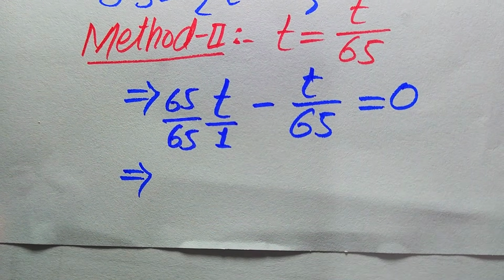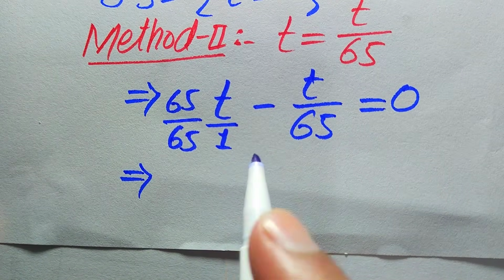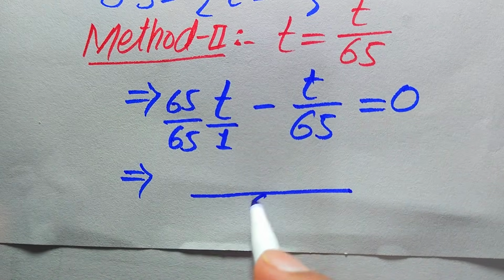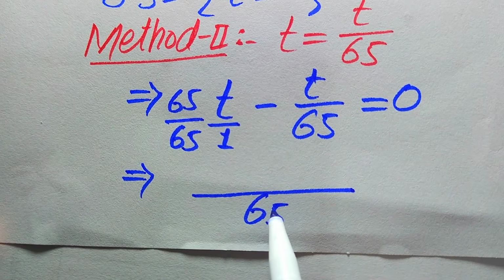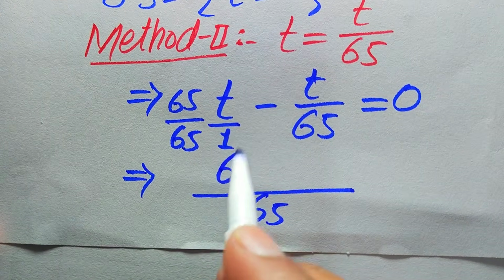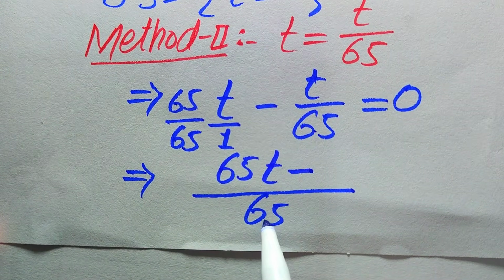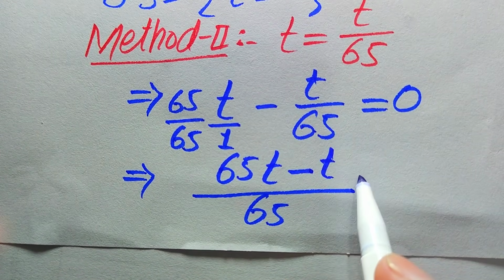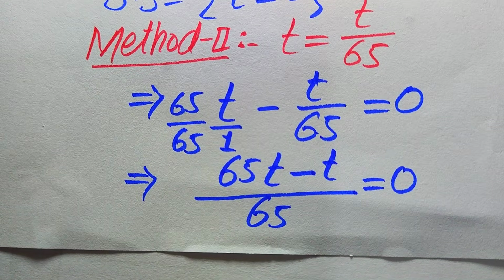After that, the denominators of both terms become the same. So its LCM becomes 65, and this 65 cancels out, and we get 65t minus t, since this 65 and this 65 also cancel out, and this whole equation is equal to 0.